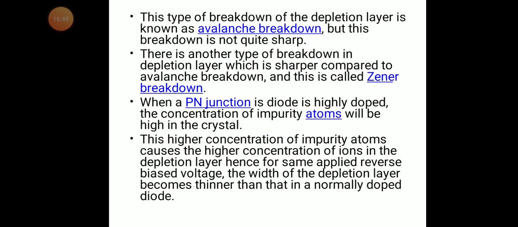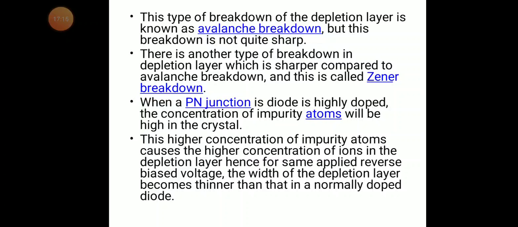This type of breakdown is called avalanche breakdown, but this breakdown is not quite sharp. Why? Because we don't suddenly get the higher number of electrons. First the minority charge carriers must be energized. After they collide with the ions, they generate more free electrons.